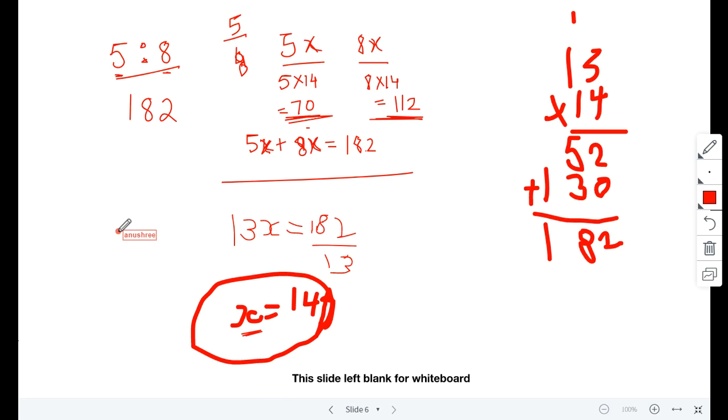It's a bit different to the one we just did. I don't understand how the ratio 5 to 8 is the same as 5x and 8x.